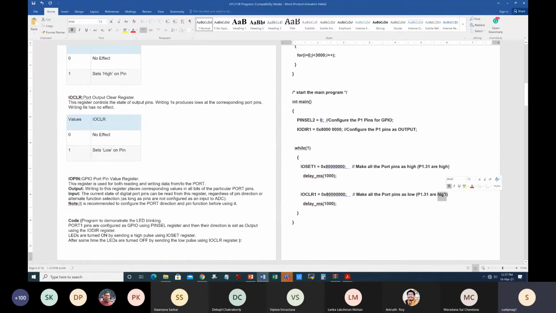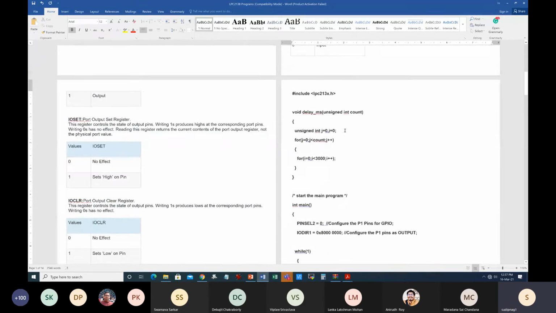You should always write detailed comments in your codes. So I'm just writing delay, something like that. This is how we should write a simple code with this GPIO port.